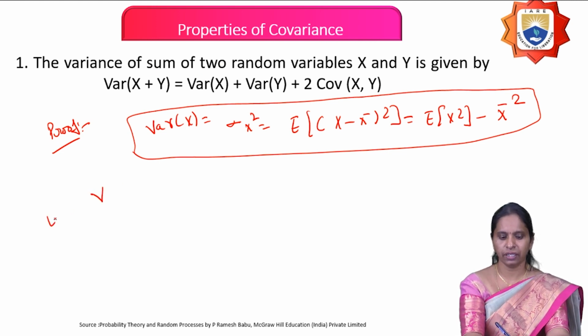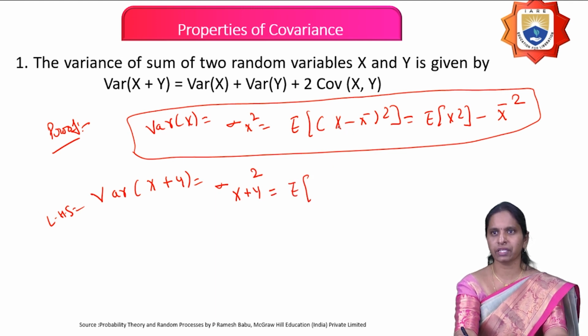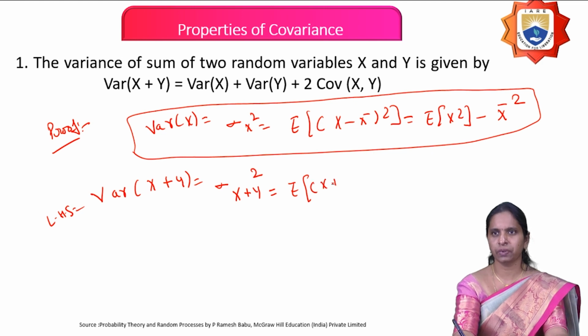Therefore, you take the LHS part. Variance of x plus y is equal to sigma of x plus y whole square, that is equal to expectation of, in place of x, you have x plus y here.